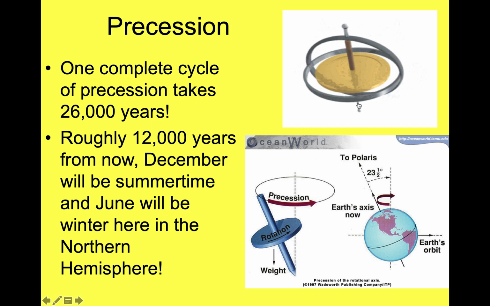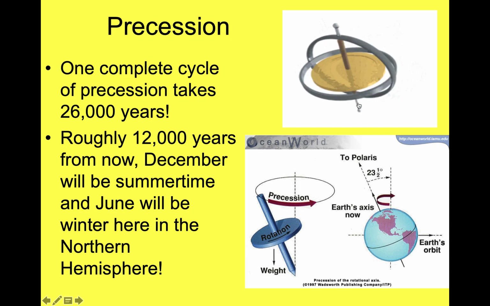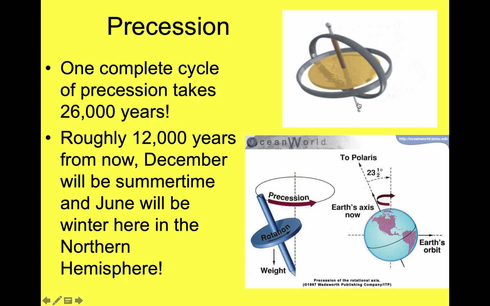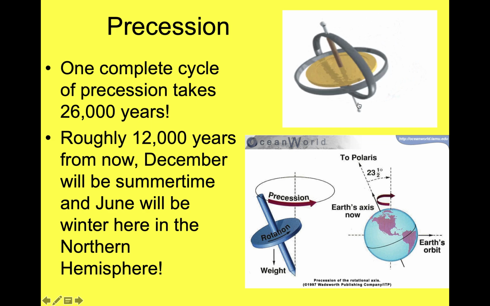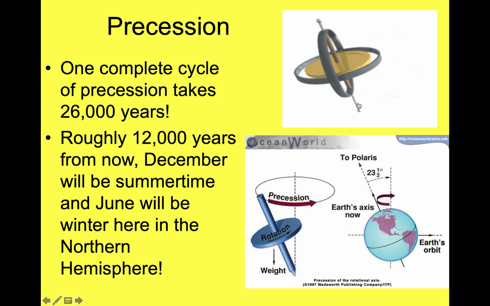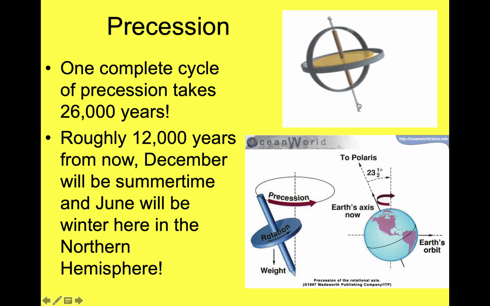On the other hand, the descendants of people in the southern hemisphere will experience the kind of seasons that we currently do. They'll have winter in December and summer in June. And then after another 12,000 years, when this 26,000 year or so cycle is completed, everything will be back to the way it is now.